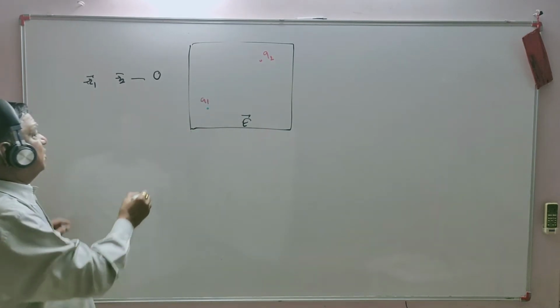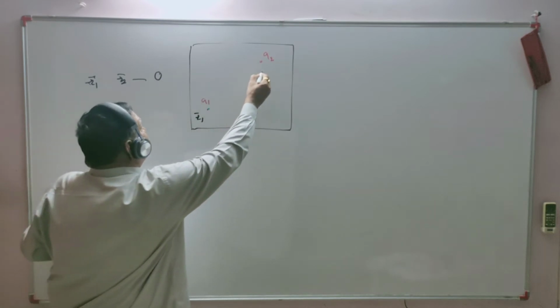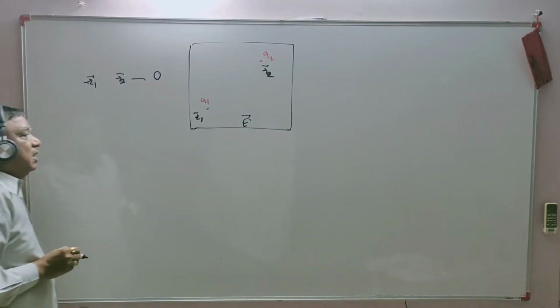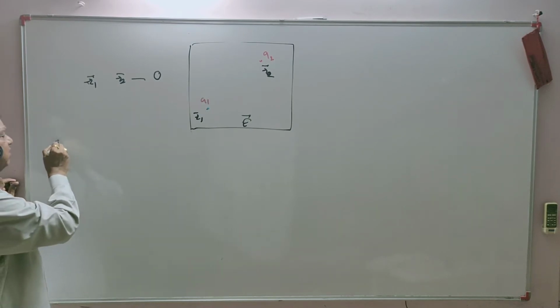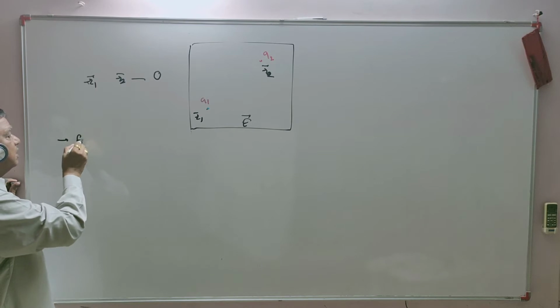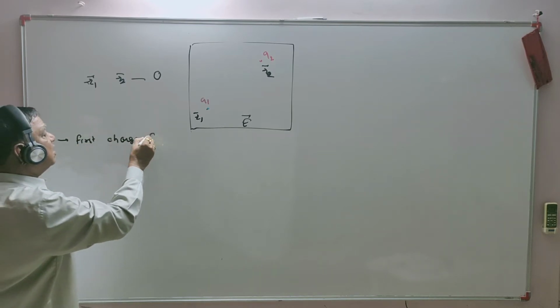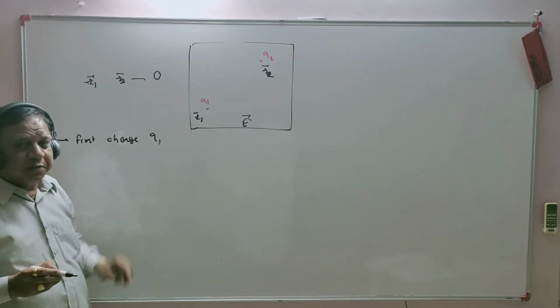Now q1 with position vector r1 and q2 with r2. Now we are bringing the charges one by one. First charge q1 from infinity to that point.